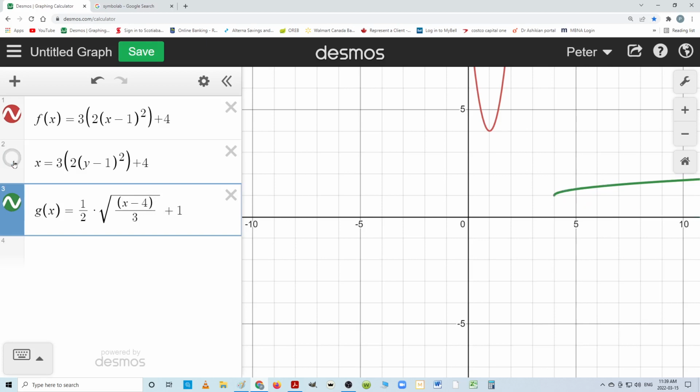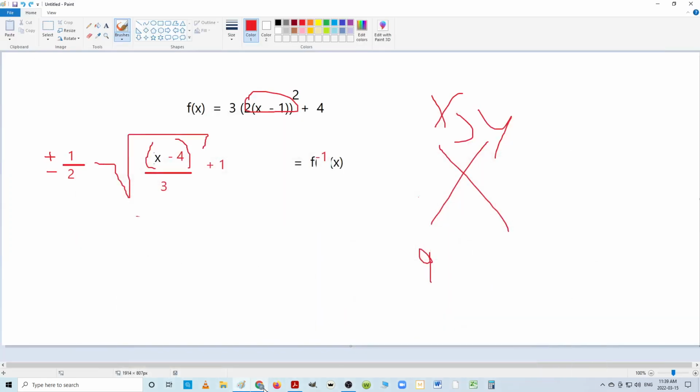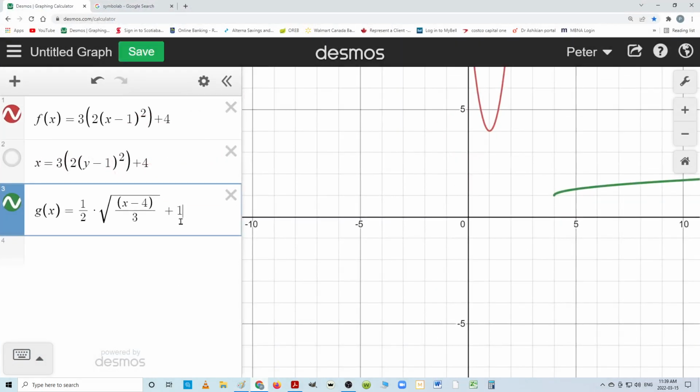I'm really puzzled why this is not working. No, there's no reason for that not to work.